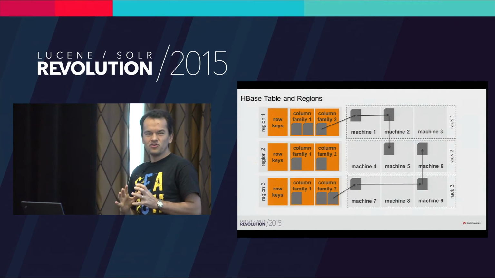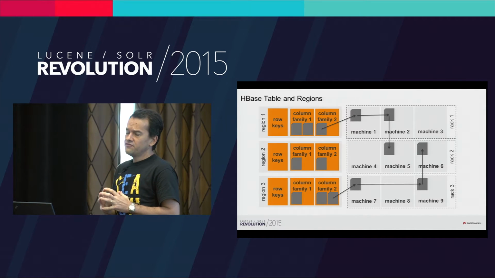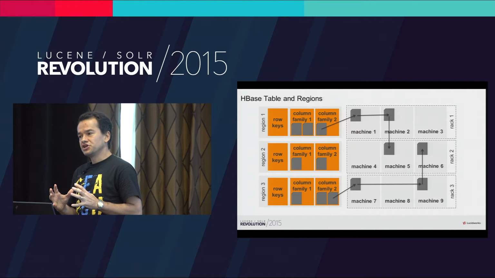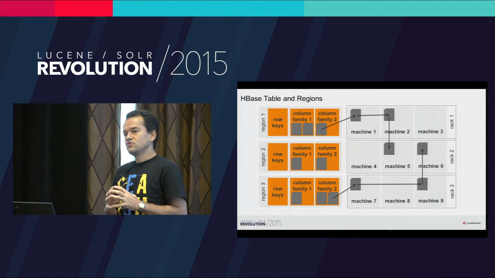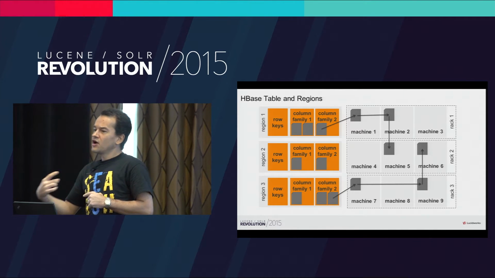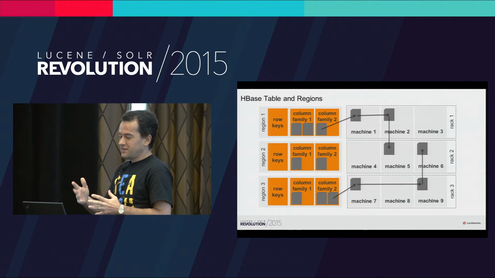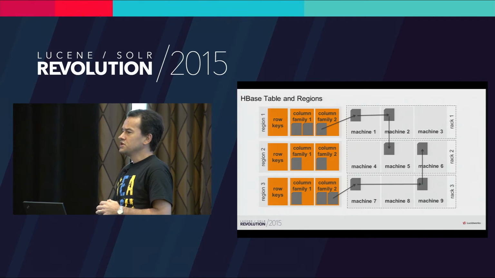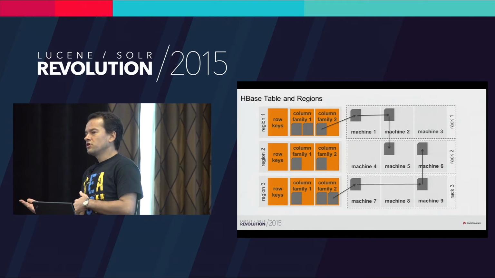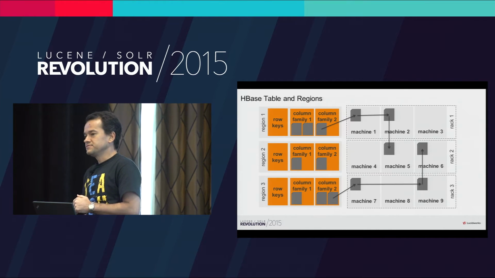Because I assume that you are not so familiar with HBase, my intention here will be having a few slides that are summarizing the HBase architecture, and I'm always going to point out how that works in SolrCloud. It means in HBase you will have the table. The table has, in this case, 3 regions, and the synonym for the table in SolrCloud is a collection, and the synonym for the region is shards.